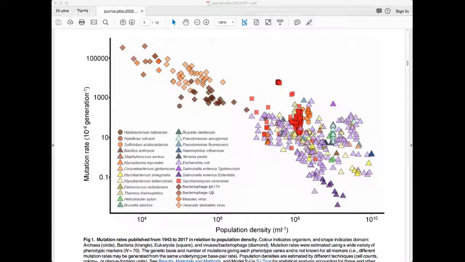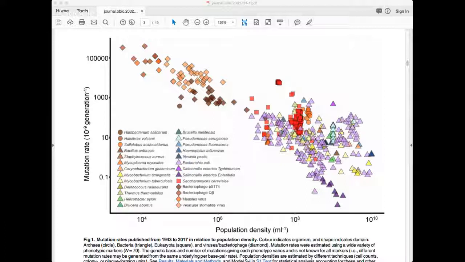I started to deconstruct it based on the type of microbe, and then the domain. For instance, you've got a lot of your viruses, which are the diamond shapes, up in the top left corner. So to me, it looks like that's where all the viruses are.